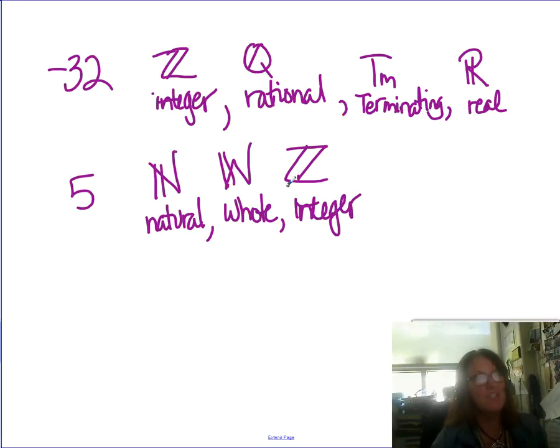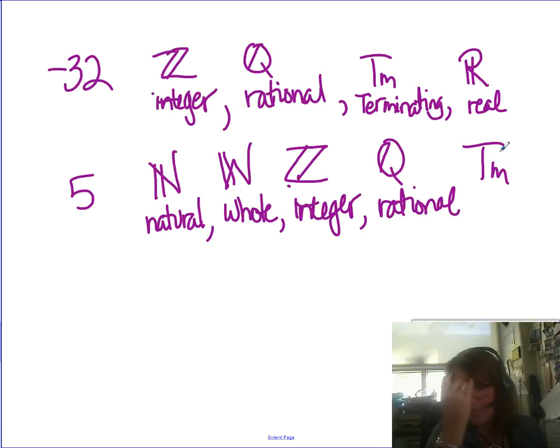And when you're an integer, you are automatically rational. What kind of rational is this as a decimal? It's a terminating one. There's not even anything past the decimal point, so it's definitely terminating, and therefore it's real. That pretty much gets as many names as possible because it can't be irrational.